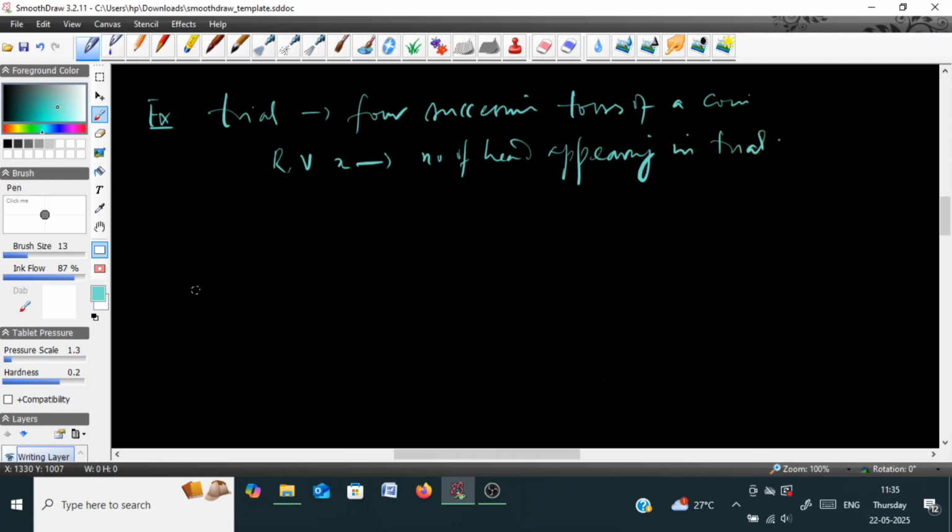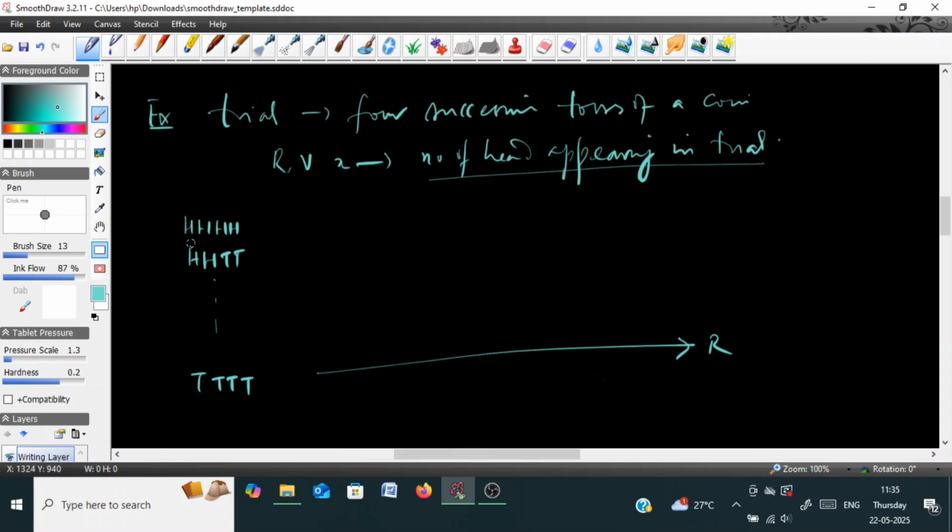When you toss a coin 4 times, you can have 16 possible combinations, like head, head, head, head; head, head, tail, tail; and so on, up to tail, tail, tail, tail.